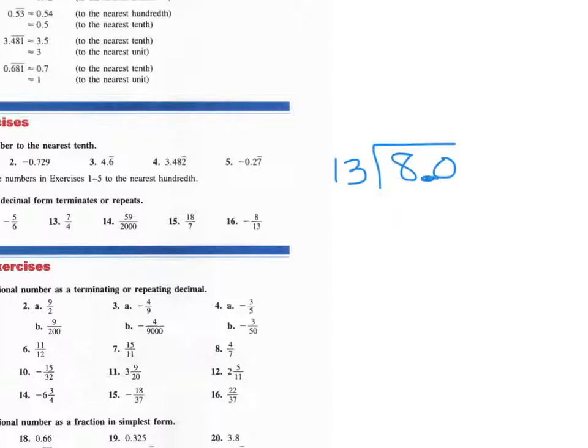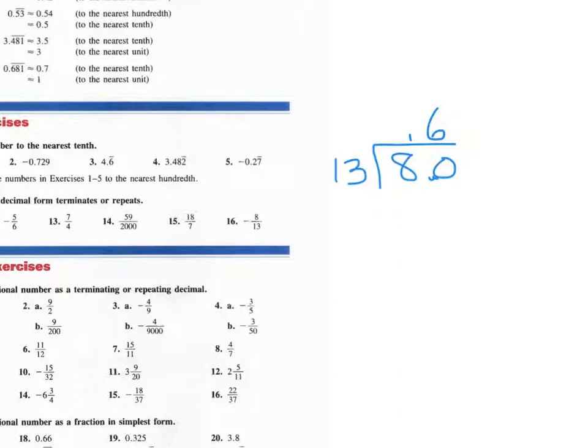So it'll go 6 times. This one's going to take a while to get the pattern. So you would just keep dividing this until you can see a pattern. This one actually repeats. This one might take too long. Let me see if there's an easier one.